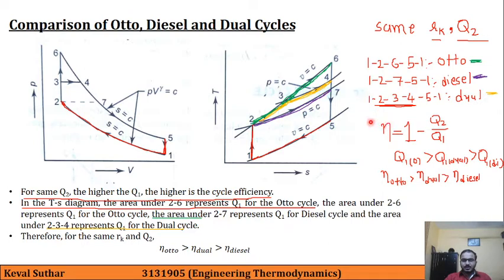So the highest heat addition is in the Otto cycle, then comes the dual cycle, and then the diesel cycle. So we can say that Otto has the highest efficiency, then the dual one, and then the diesel one, for the same compression ratio and heat rejection.